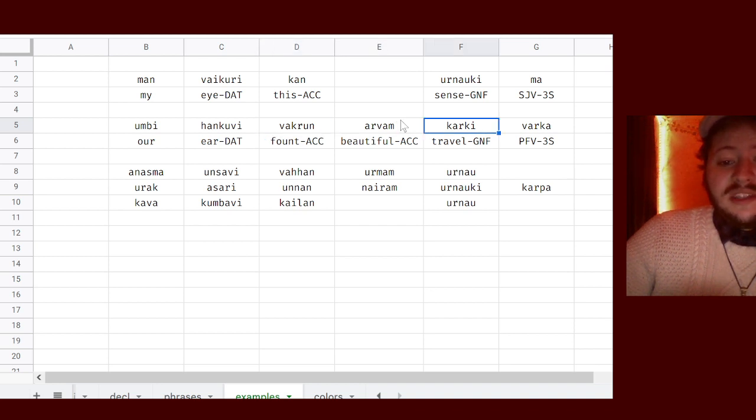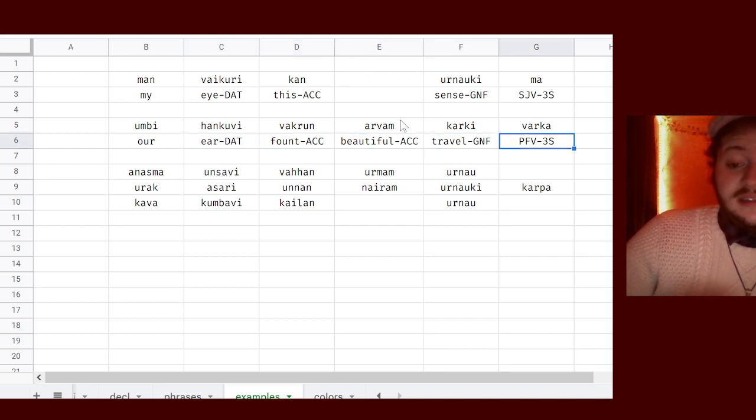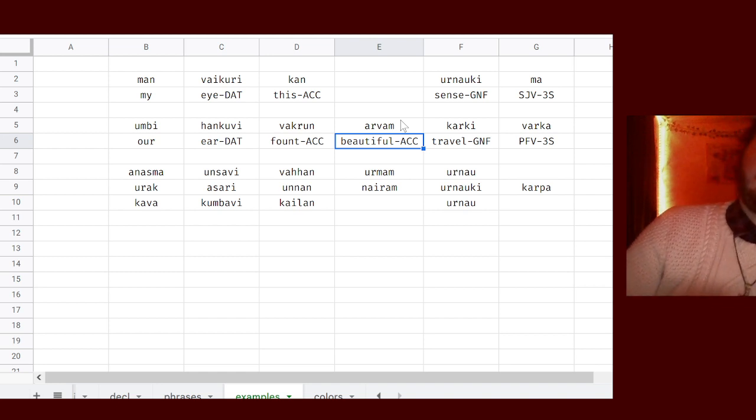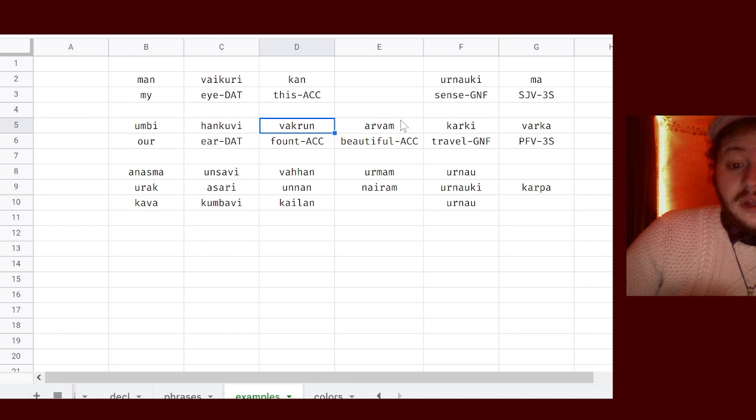So here, what this translates to is we heard, like we finished hearing it, it's done, the beautiful fountain from afar. We could hear it from far away. That's what that means. Umbi hankuvi vakrun arvam karki varka.